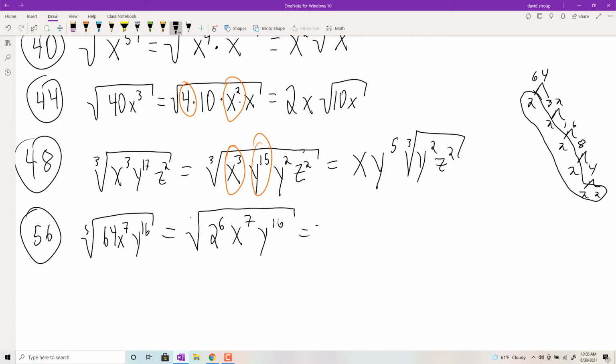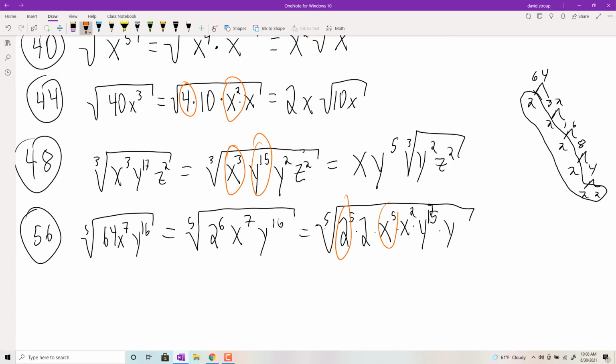I want perfect fifths, basically. Exponents that are divisible by 5. So I'm going to have to factor 2 to the 6th as 2 to the 5th times 2 to the 1st. And then x to the 7th, I'm going to make x to the 5th times x squared, running out of room. And then y to the 16th, I'm going to write as y to the 15th times y. Okay, and then hopefully it's clear what my perfect fifths are.